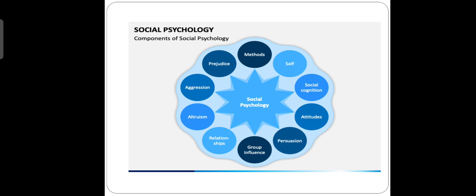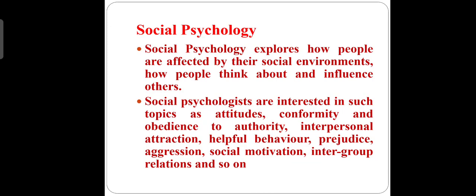Now next, social psychology is another important branch of psychology. Social psychology is more useful today than ever before. The main concern of social psychology is social behavior. What is social psychology?